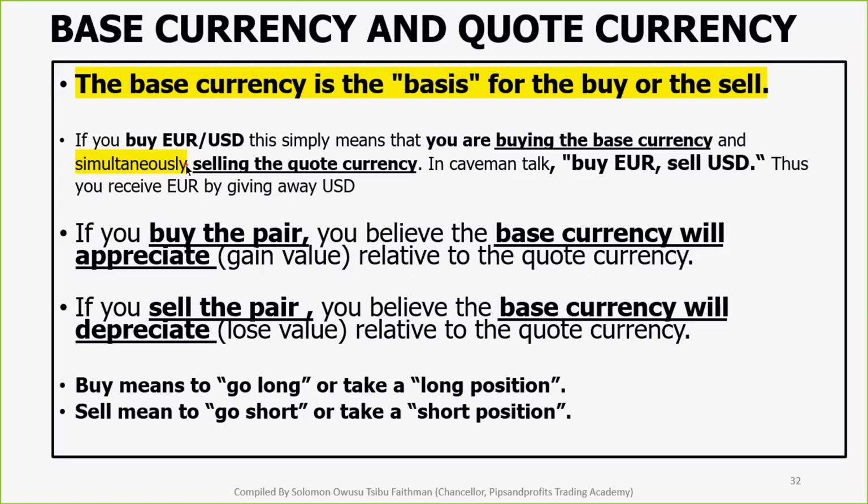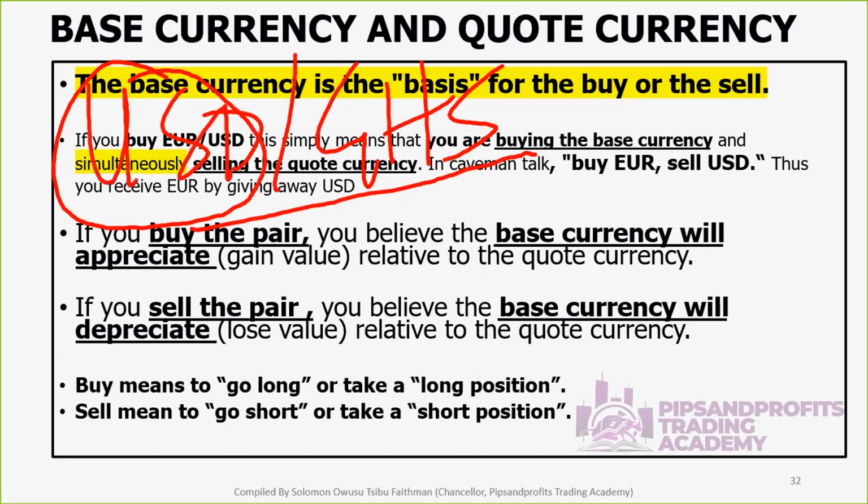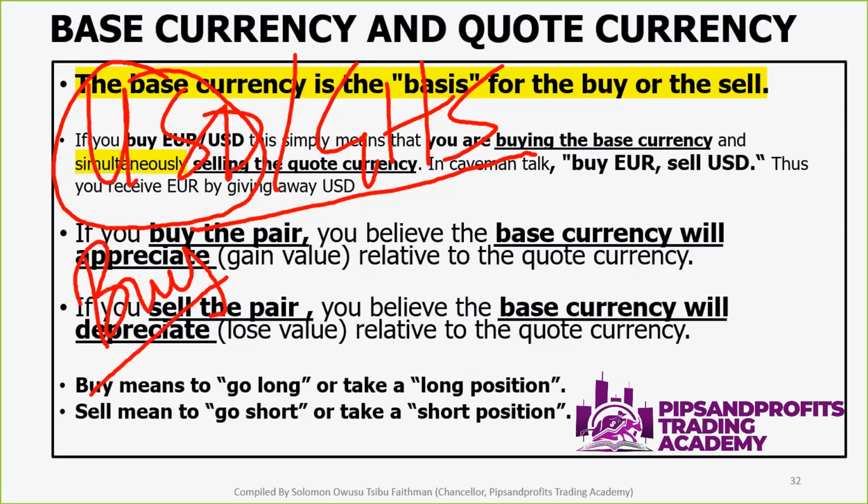Okay, so let me explain in this way for you to understand. For instance, the US dollar against the Ghana cedi. When you anticipate that the US dollar is going to be very strong against the Ghana cedis, all the economic indicators are saying so, that is when you buy.